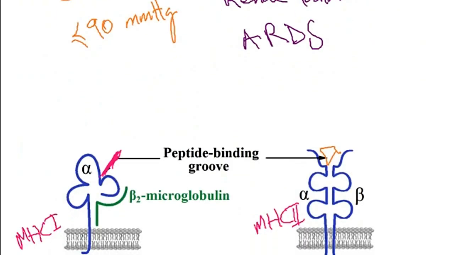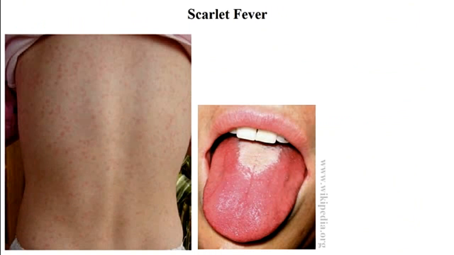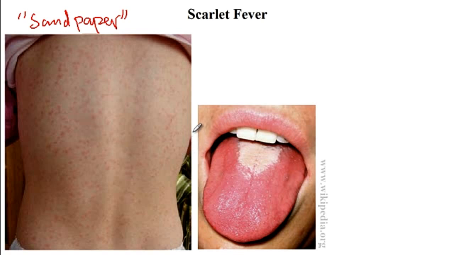And so characteristics of scarlet fever include skin rash, where there would be a diffuse erythema with small nodules of 1 to 2 millimeters that give it a sandpaper-like texture. And this type of rash is generally seen on the trunk and neck, but spares the palms and the soles.